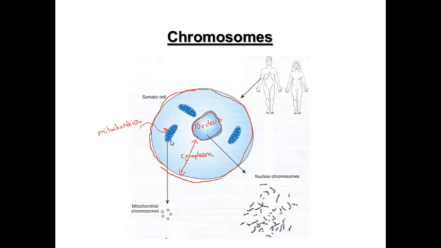Right here we see that within the mitochondria you have the circular mitochondrial DNA, or chromosomes rather, and then within the nucleus we have 46 different chromosomes.